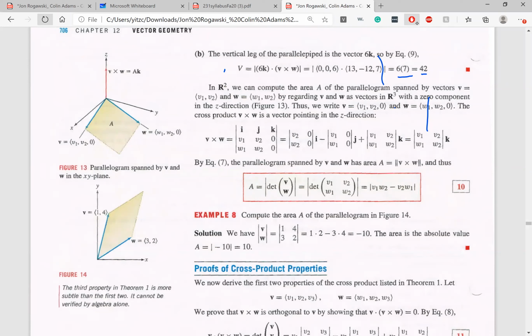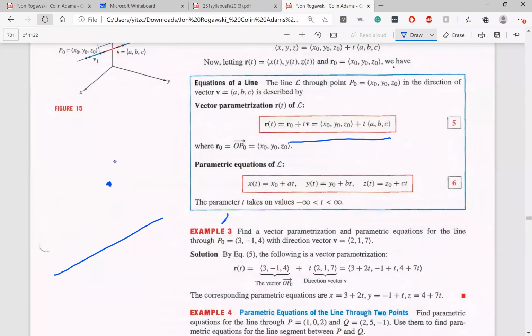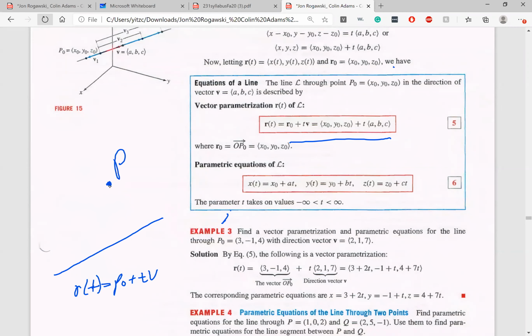For example, let's say you have a line and you have a point. Here's your point P, and here's your line, r of t equals P0 plus tv. Then you can be asked, find the distance from this point to the line.